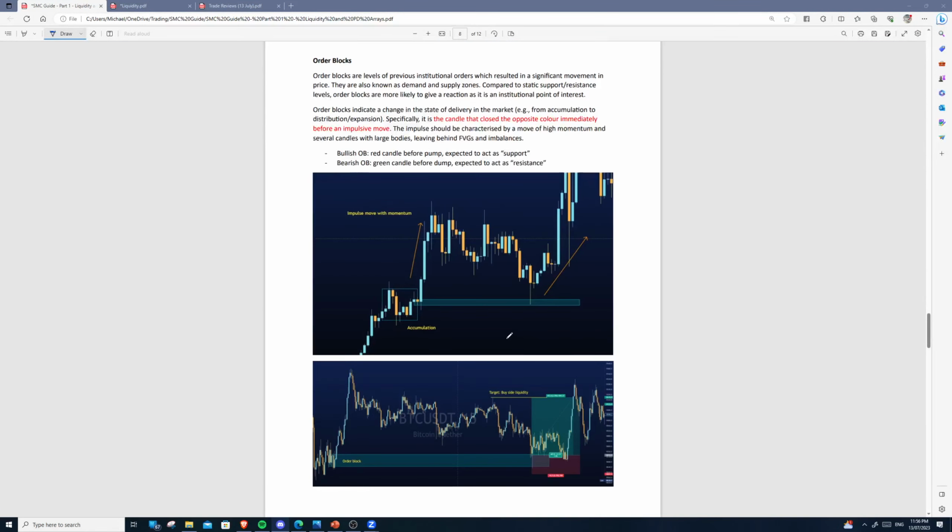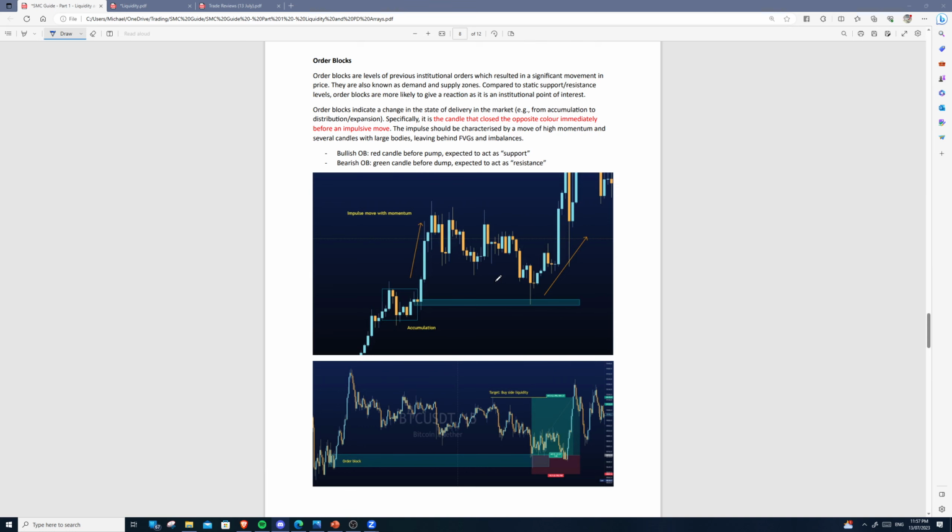Pretty much we just need to think from the perspective of a retail trader and think about where they would most likely place their stop losses, and that's where we mark out our buy side and sell side liquidity.